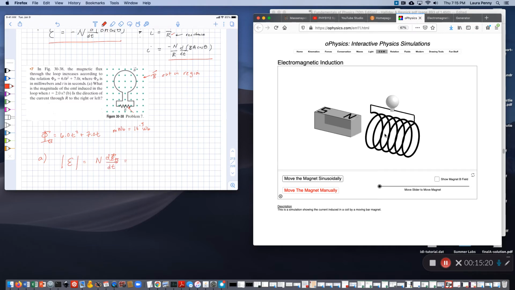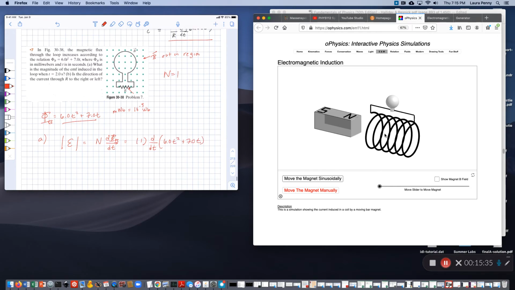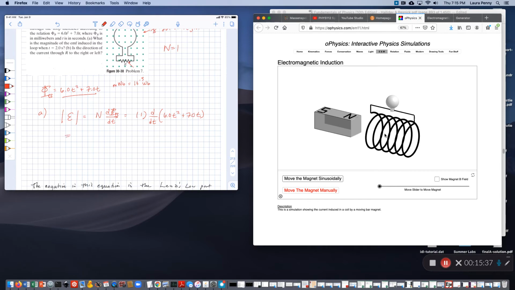Well, N is equal to 1. This only loops around one time. So it's 1, and then I'm going to take the derivative of this with respect to time. So I end up with 12 times t plus 7.